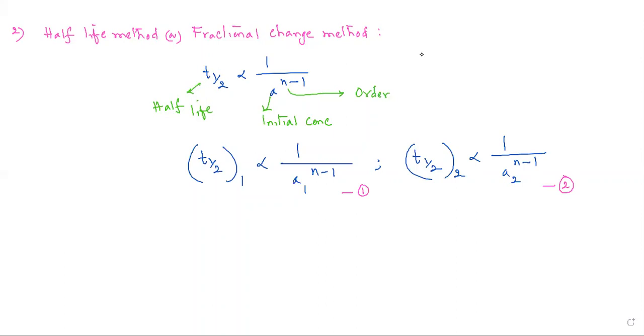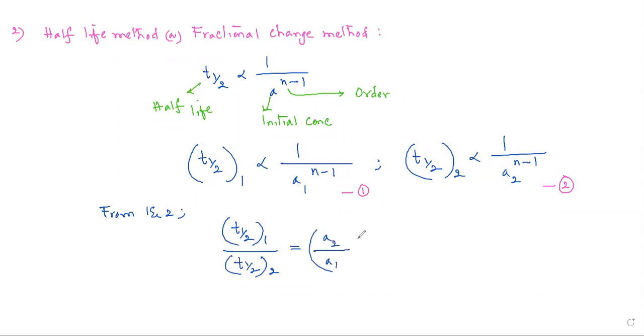Now from 1 and 2, or you can say 1 by 2, it can be written as T half 1 by T half 2 is equal to A2 by A1 to the power n minus 1, right?